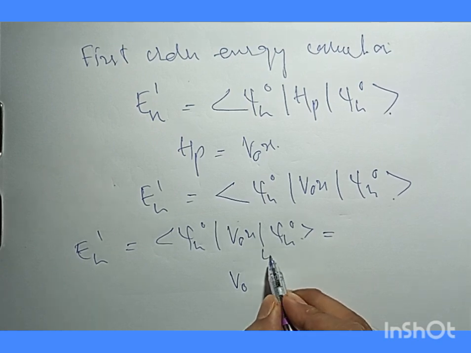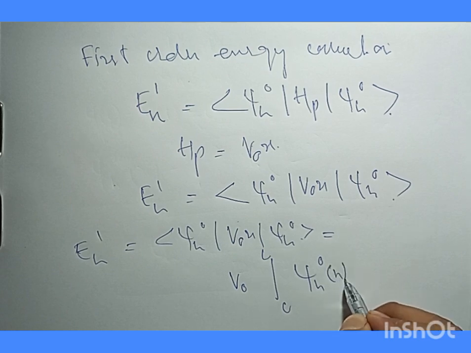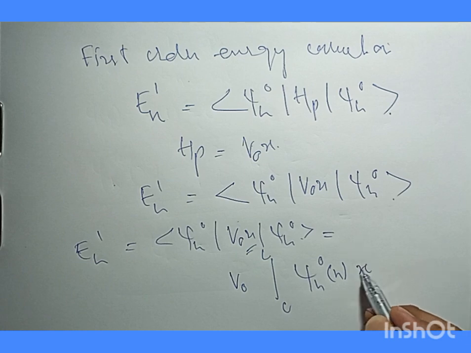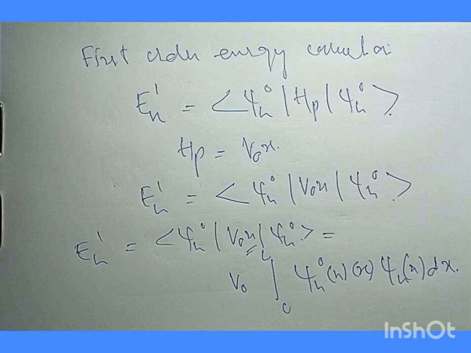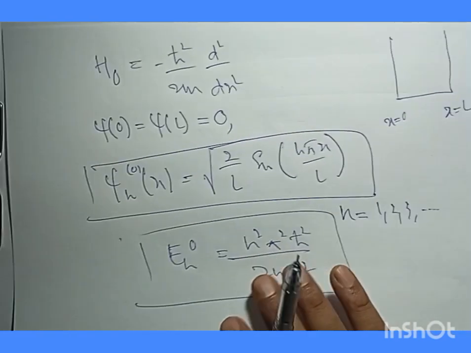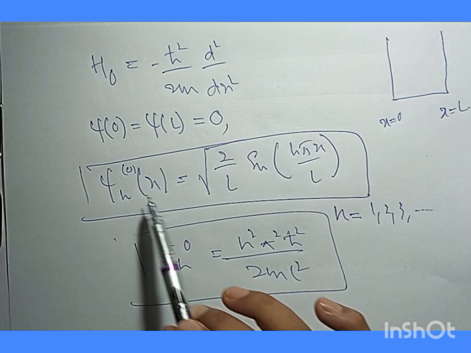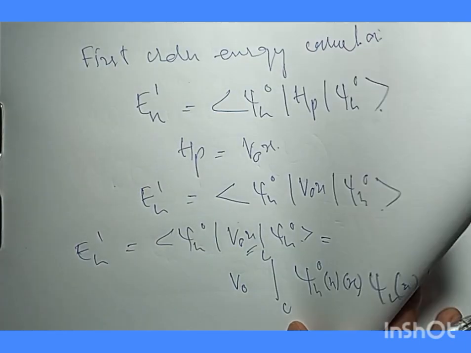So you will have the integral from 0 to L of psi n naught of x, then we will be left with x, and then psi n of x dx. All right, so this is our matrix element, and we can substitute for psi n of x in our integral, and see where we reach from here.